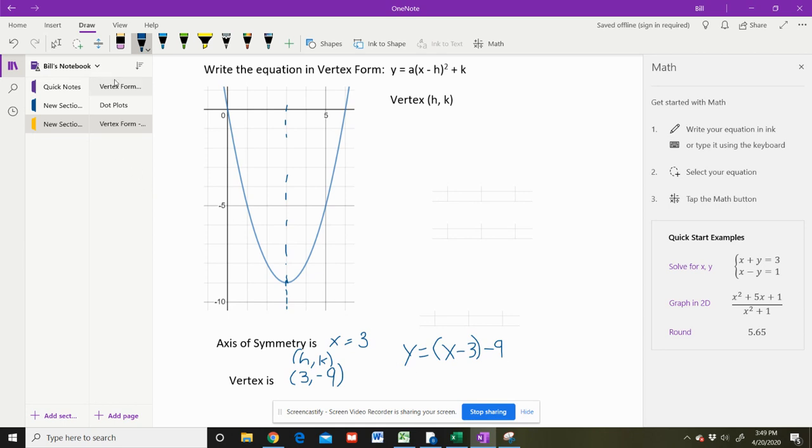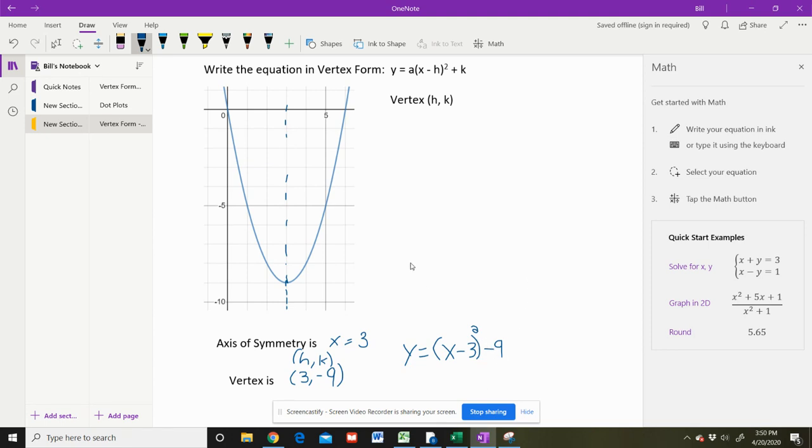So that is my equation for, let's see, did I put it somewhere? Oh, I didn't even write it out. Okay, so y is equal to x minus 3 squared, right? Oh, I forgot the square. x minus 3 squared minus 9.